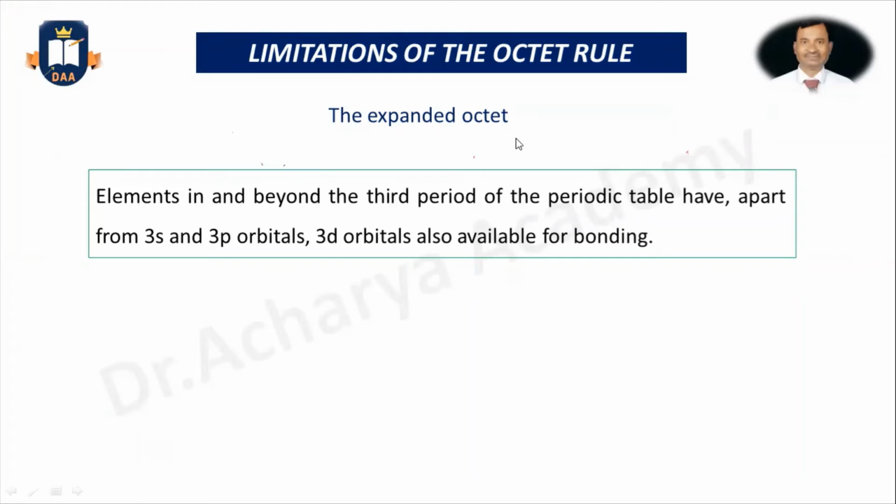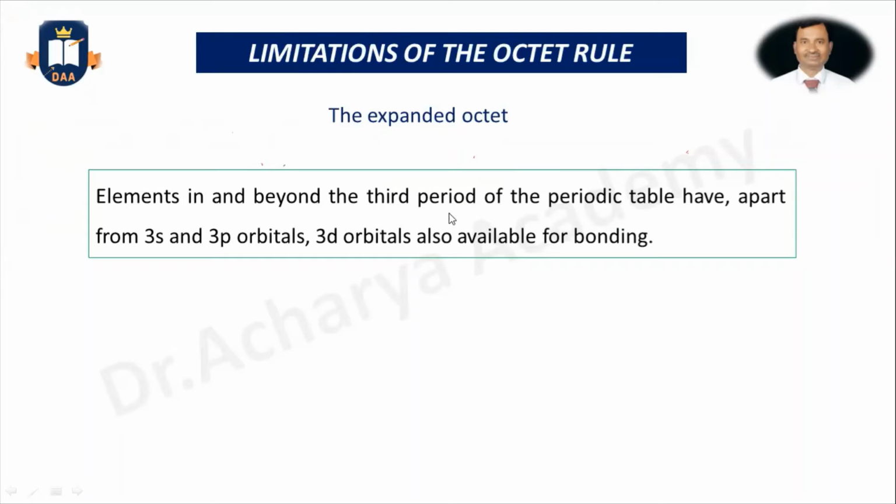That means the atom will have more than 8 electrons. This applies to elements in and beyond the third period of the periodic table. The third period starts with sodium and ends with group 17 element chlorine, and group 18 is argon.